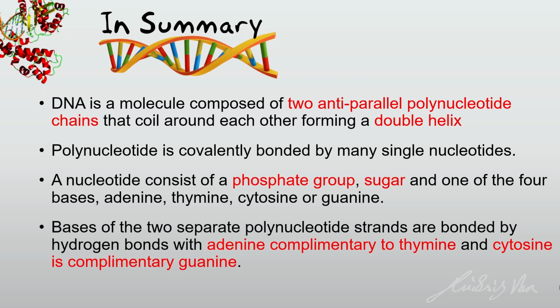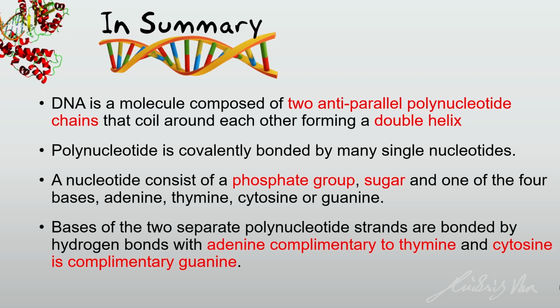Bases of the two separate polynucleotide strands are bonded by hydrogen bonds, with adenine complementary to thymine and cytosine complementary to guanine. So those are the marking points if they ask you about the structure of a DNA molecule.